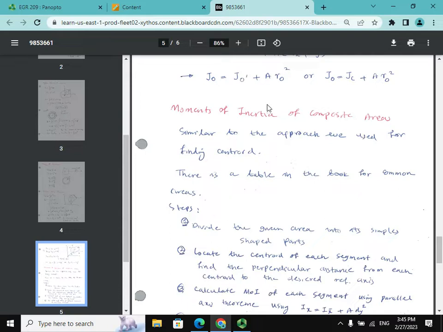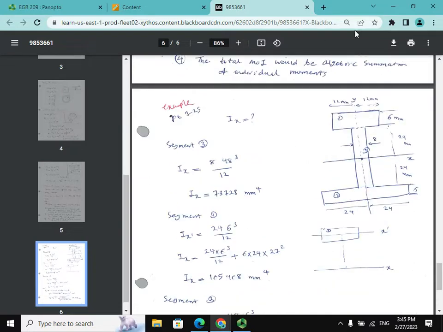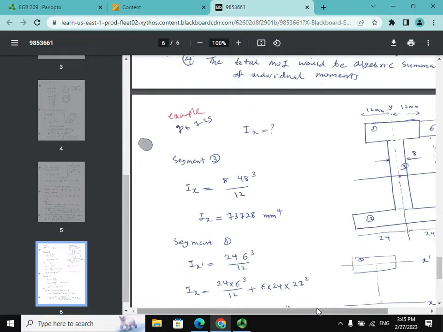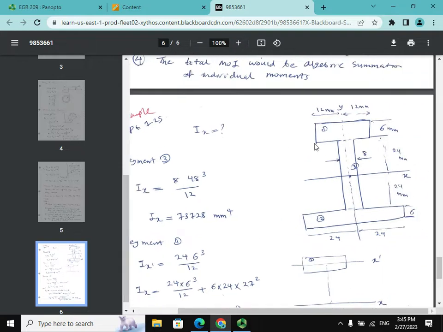For composite shapes, a lot of times in engineering we are working with very common, popular areas like rectangles, circles, half circles, and then we mix them together and make composite shapes. As an example, I'm going to look at this problem. We have an I-beam, which is not symmetric.